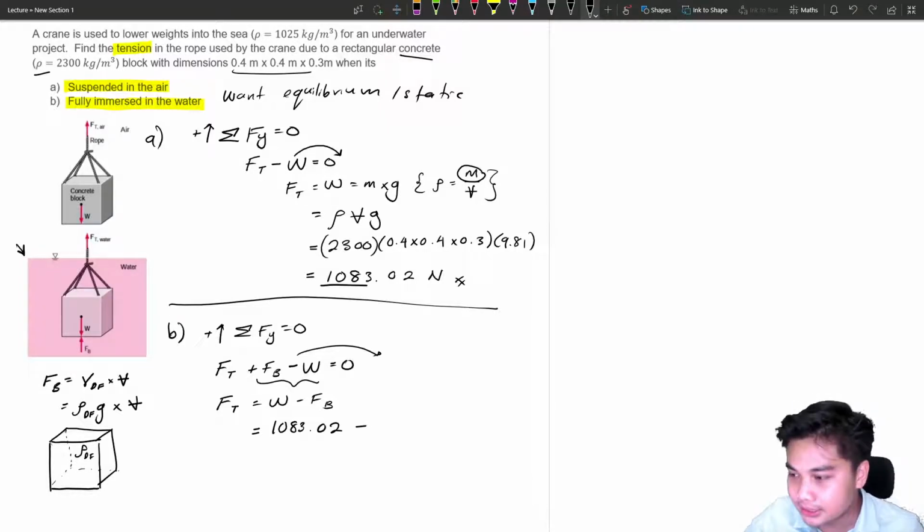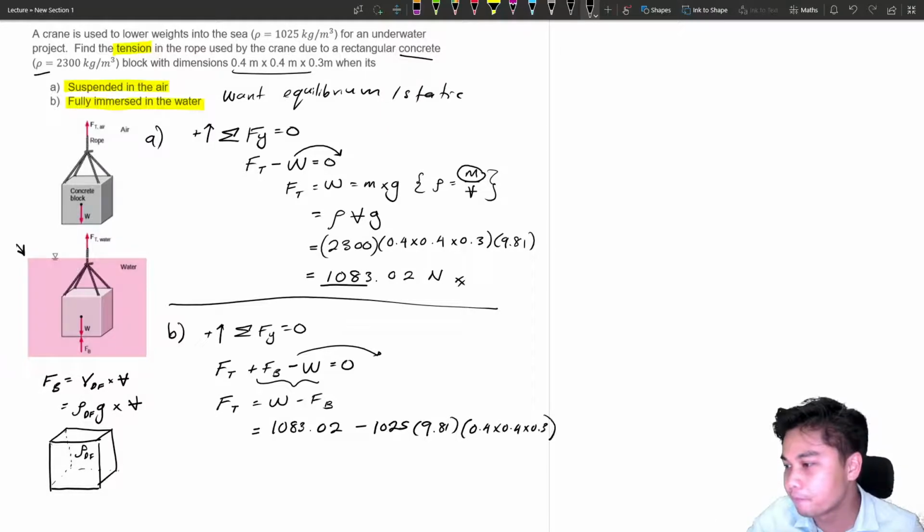So for this case, we consider the rho of displaced fluid. Just substitute: Fb equal to rho of displaced fluid, which is 1025, multiplied with gravity 9.81 and multiplied with the volume, which is the volume of the same block, 0.4, 0.4 and 0.3.